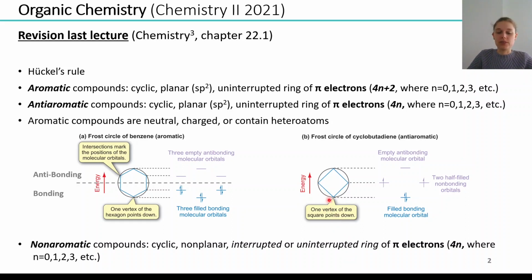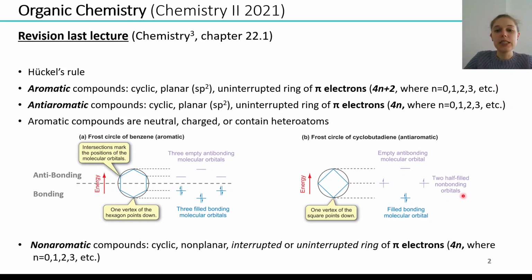Then afterwards, we draw the circle around the structure, and each intersection between square and circle represents one molecular orbital. Here we see, after drawing the line through the midpoint of this square, that we now have 2 molecular orbitals exactly on this midpoint line, and these molecular orbitals are called non-bonding molecular orbitals.